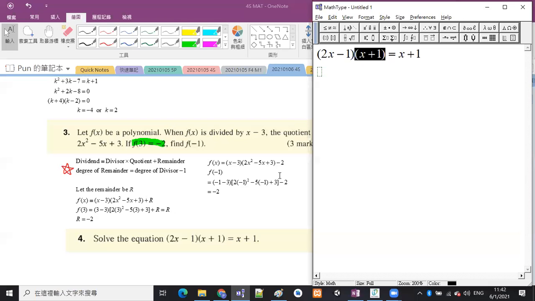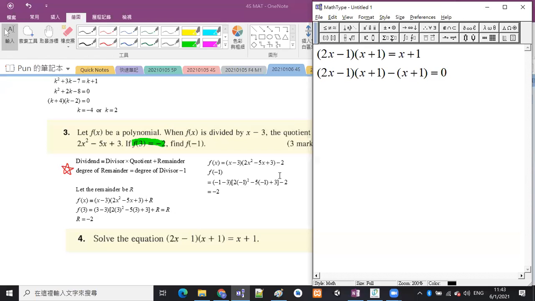好啦，但係要抽 common factor 嘅話，佢哋必須喺埋一邊先得。所以我哋先將右手邊個 x 加一，成個當係一整嚿嘢咁樣調過去左手邊。So 2x minus 1 times x plus 1 and then minus bracket x plus 1 is equal to 0. So I just treat the x plus 1 as one single bracket.